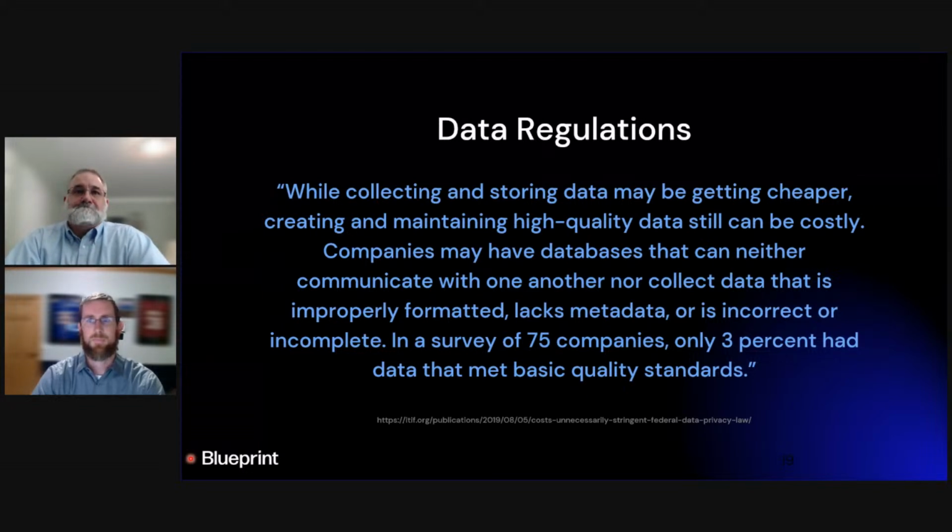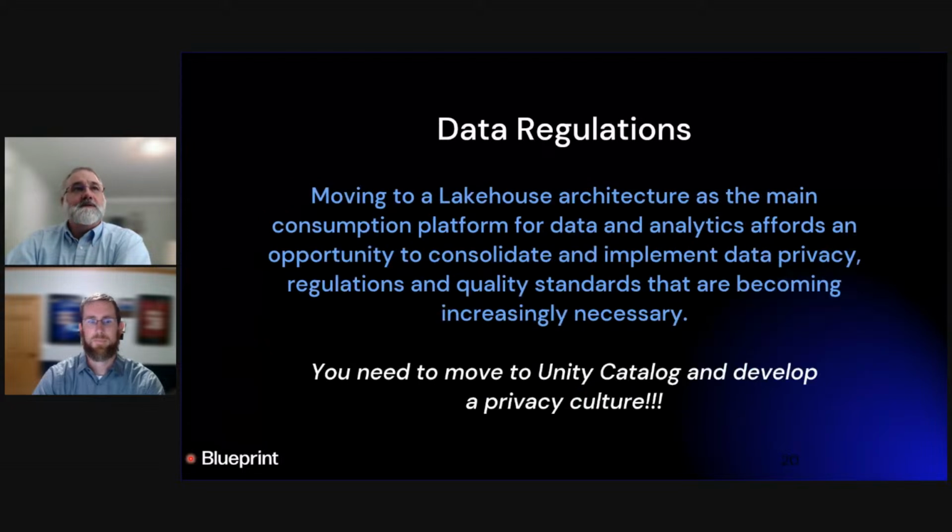It says of the companies surveyed, only 3% had met that standard. So most companies have not. A lot of this is because it's very difficult to do that when you're on legacy systems. Not all the platforms are the easiest to put those types of standards in and really support the processes for that. And so, again, doing that now is a big deal.